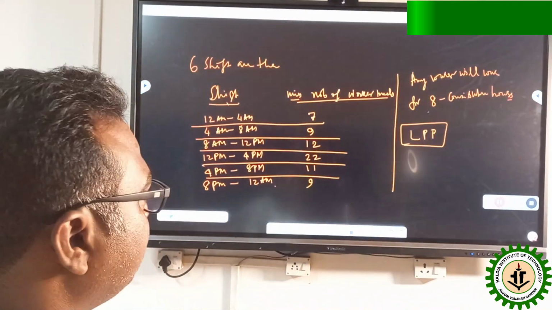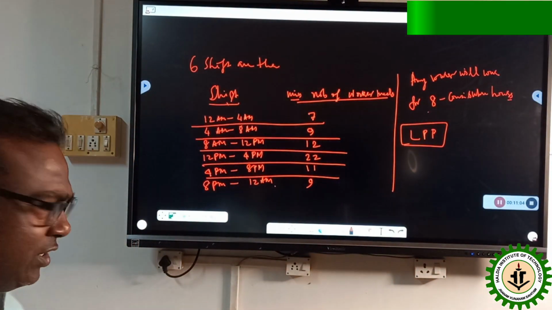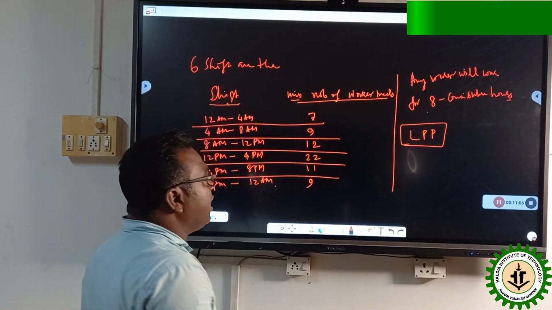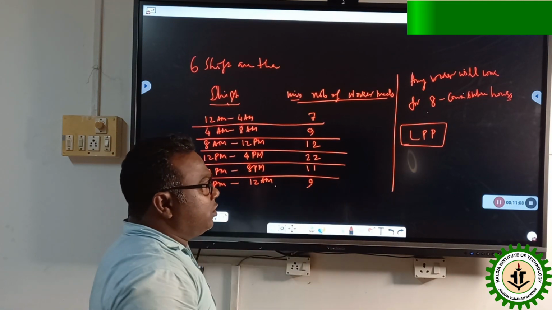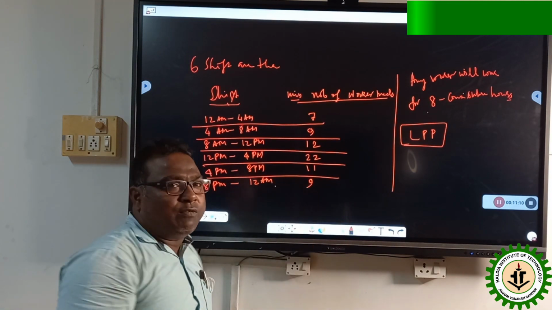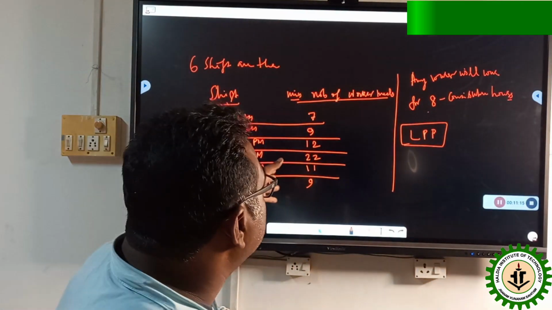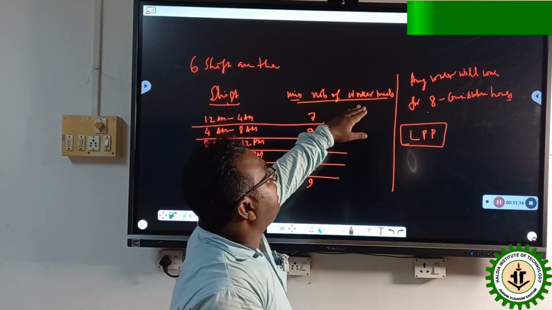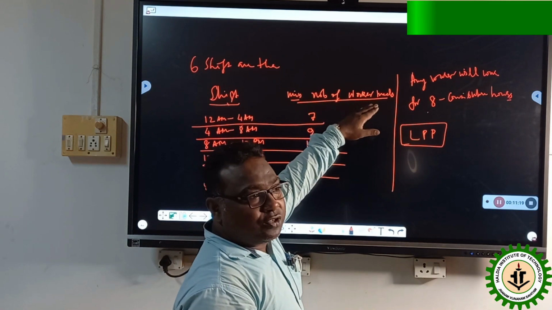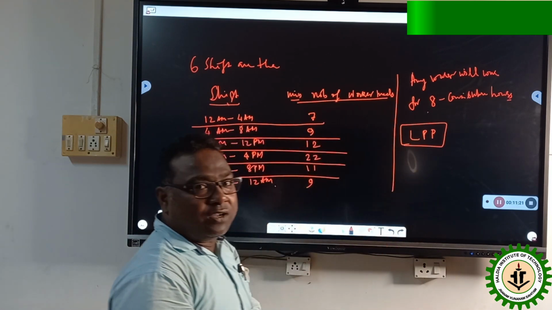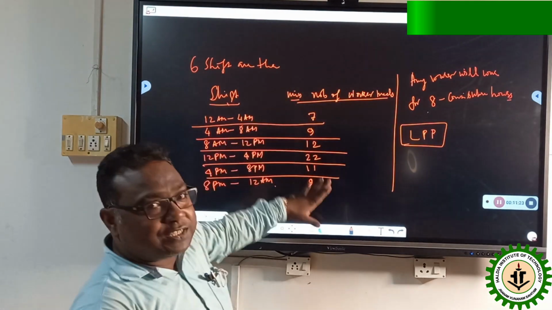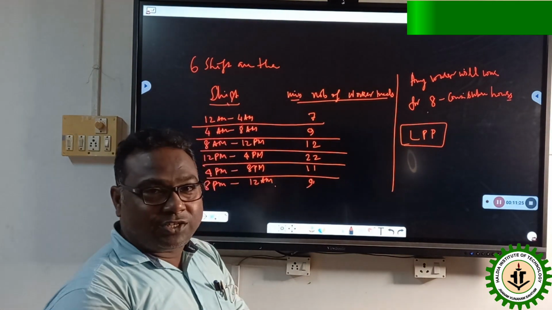So how do we find this out? This is a very important problem, because in the corporate sector they follow these types of situations, and obviously you have to assign the workers. So as a manager, you always want to minimize the total number of workers.